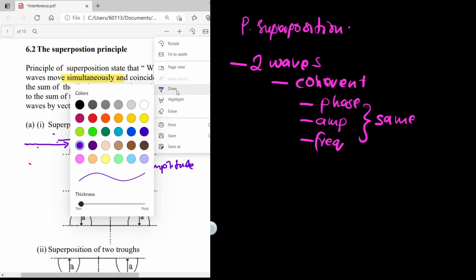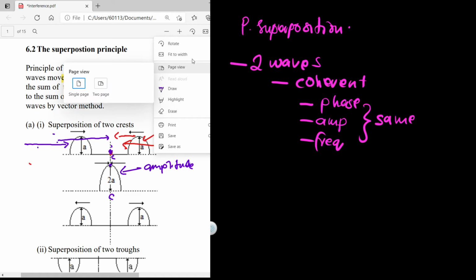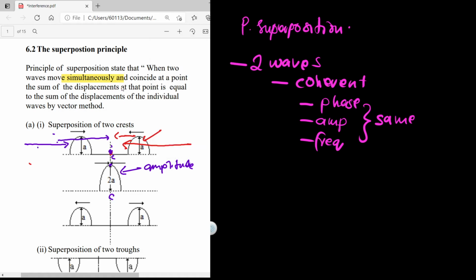So how can we look at this? It equals the sum. When we see the word sum used here, it means that we need to add. So A, the first displacement, plus A, which is the displacement or amplitude of the second wave.